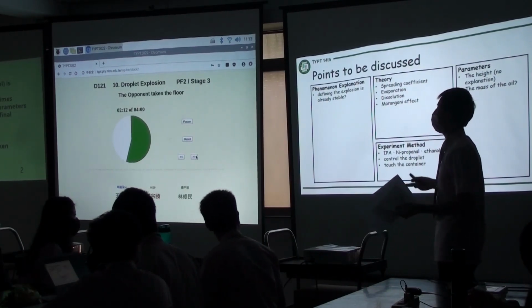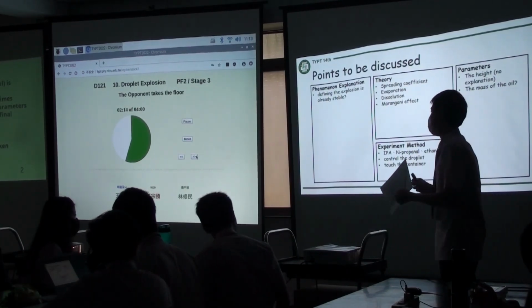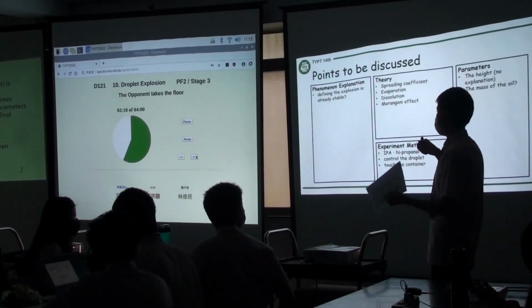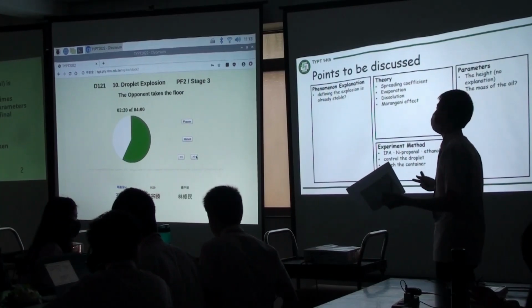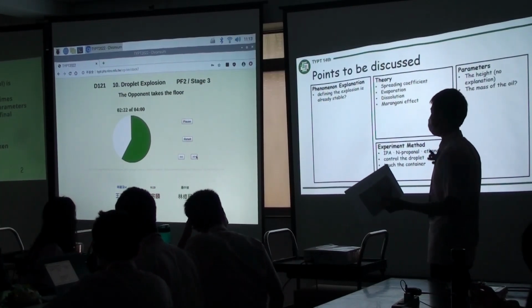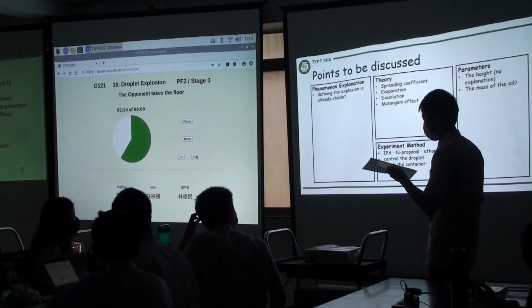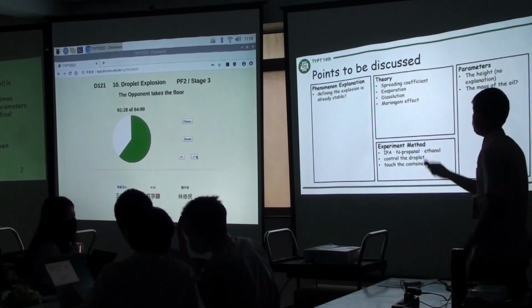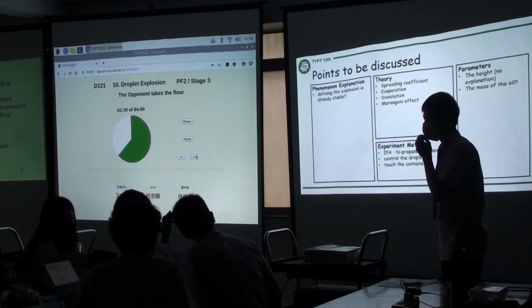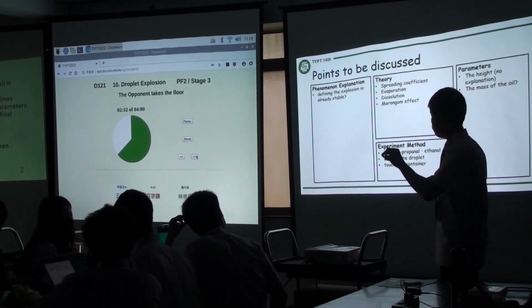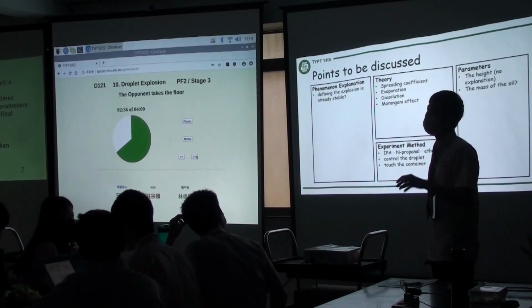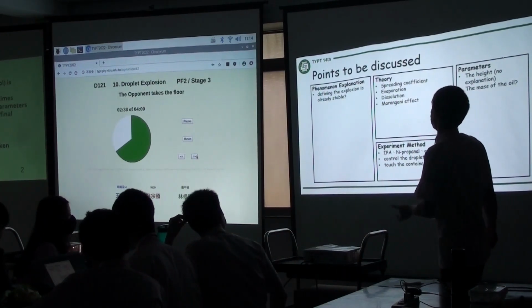For example, what containers they use, so that maybe it will affect how the final droplet is distributed. And also in the parameters, in the beginning they stated that they control it at a low height because they don't want the impulse to affect their phenomenon.